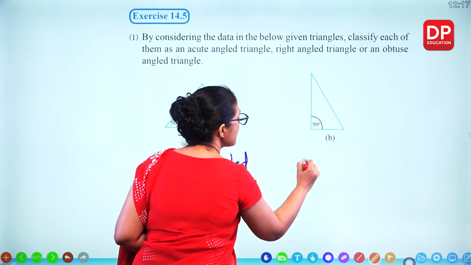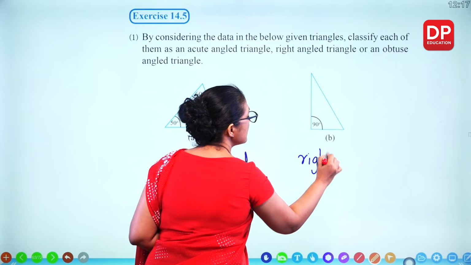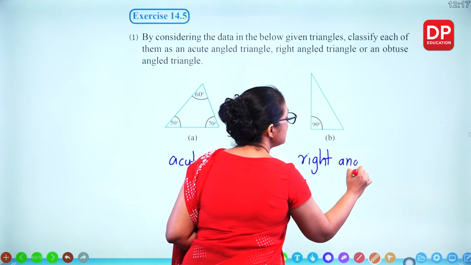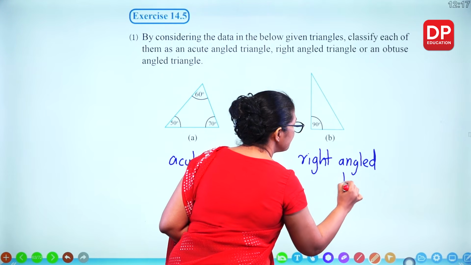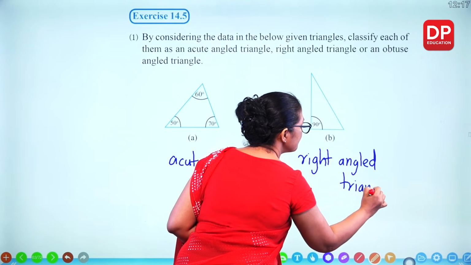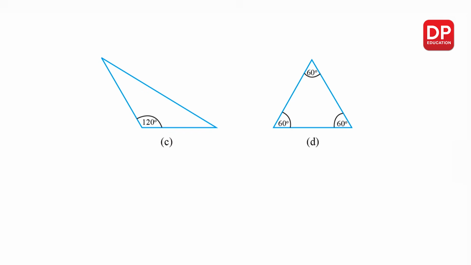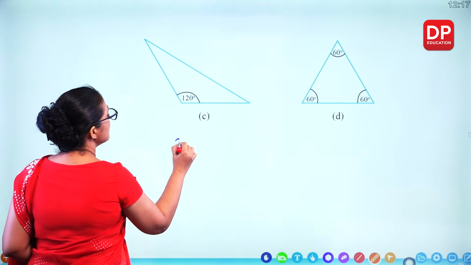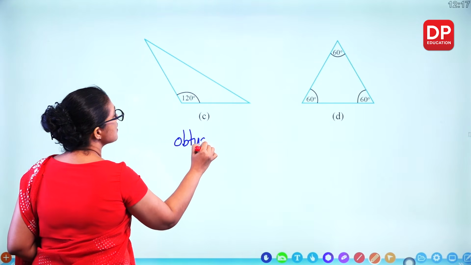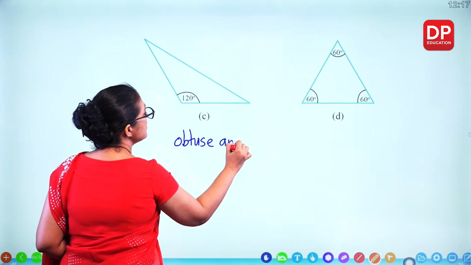So that means right angled triangle. 120, more than a right angle. Obtuse angled triangle.